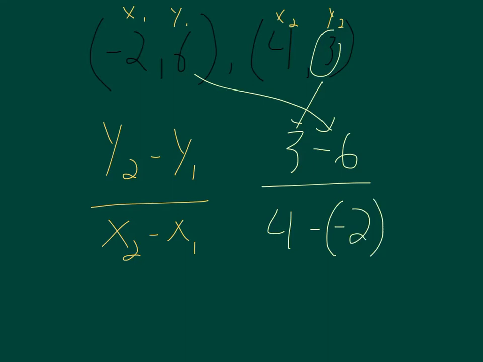I know that's a big favorite of your group. But 4 minus -2. Okay. 3 minus 6 is -3. 4 minus -2 is 6. So we should have -3/6, which simplifies to -1/2. So the slope of these 2 points is -1/2.